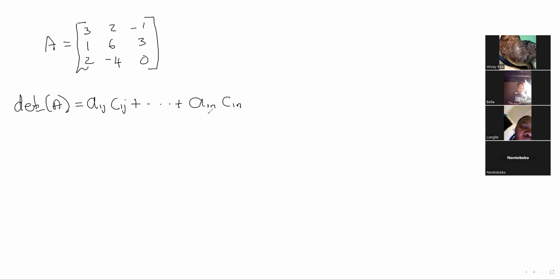If they say find a determinant using cofactor expansion, it should be something like this. They might say using the first row, so find the determinant along the first row. Along the first row, we have 3 entries, 1, 2, 3, which means we need to use 3 cofactors.